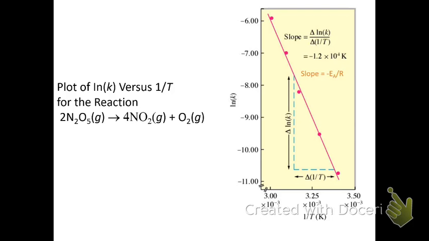And so we're plotting the natural log of K versus 1 over T for this reaction, and you can get the slope, and that'll give you the activation energy. But again, you're not going to have to calculate it, but you need to understand the theory behind it and why changing my activation energy or temperature affects K.